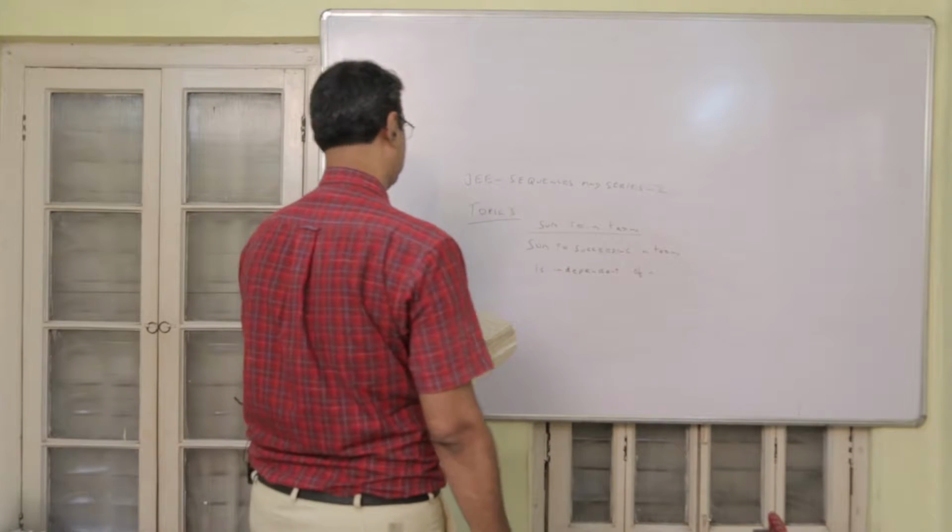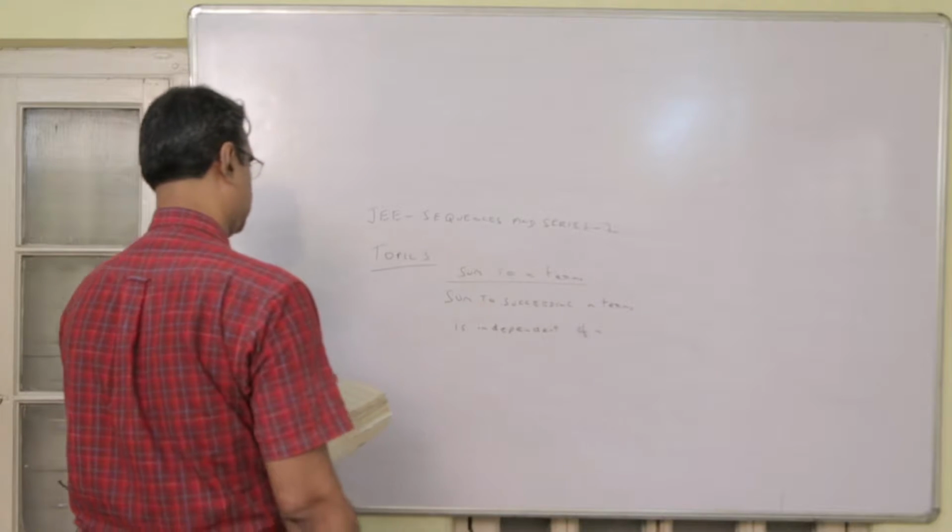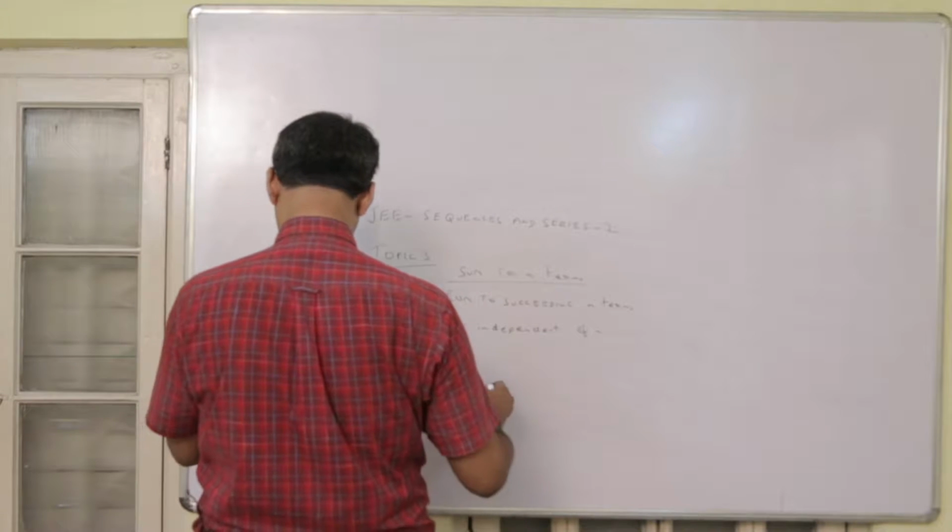So let's talk about an arithmetic progression in which the sum to n terms by the sum to succeeding n terms is independent of n.